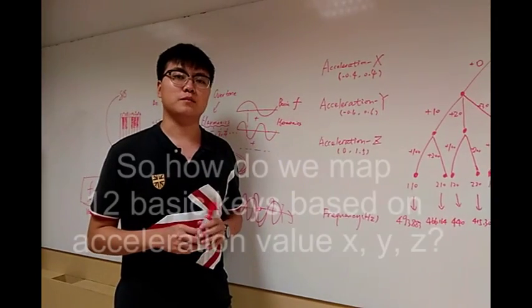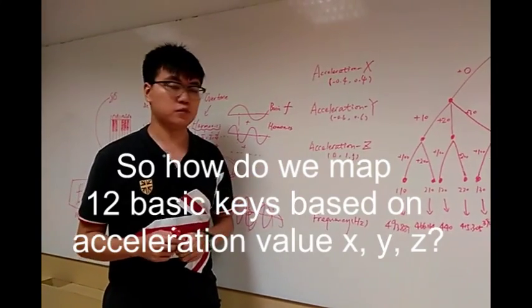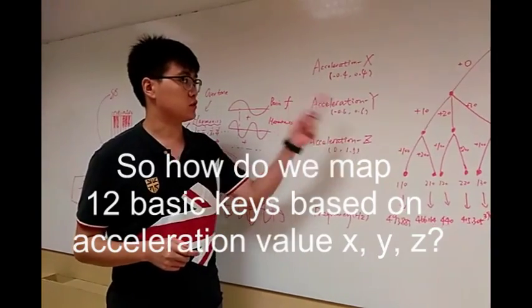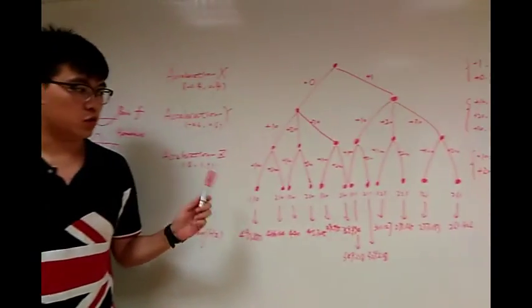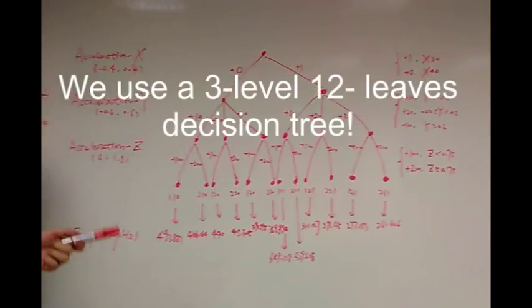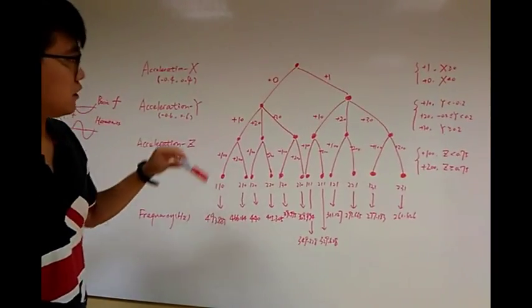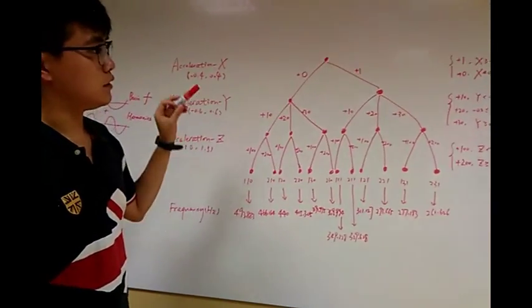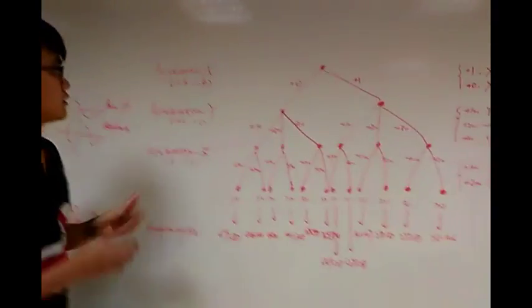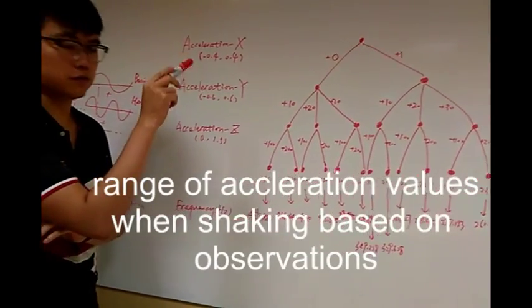So how do we implement the system based on these three parameters, acceleration x, acceleration y, and acceleration z, to implement the 12 keys we just mentioned? First, we divide the whole system into 3 levels. At the first level is acceleration x, which, based on our experience, has a range of minus 0.4 to 0.4.